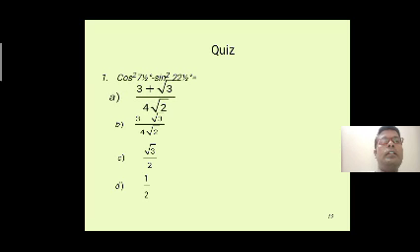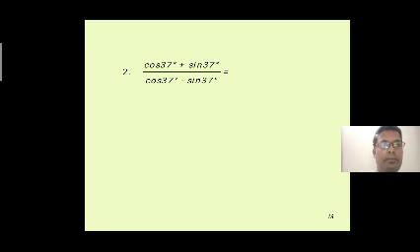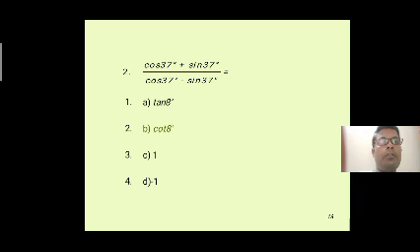What is the answer? 3 plus root 3 by 4 root 2. Second question: cos 37 degrees plus sin 37 degrees divided by cos 37 minus sin 37 is equal to: tan 8, cot 8, 1, minus 1. What is the answer? Cot 8 degrees.